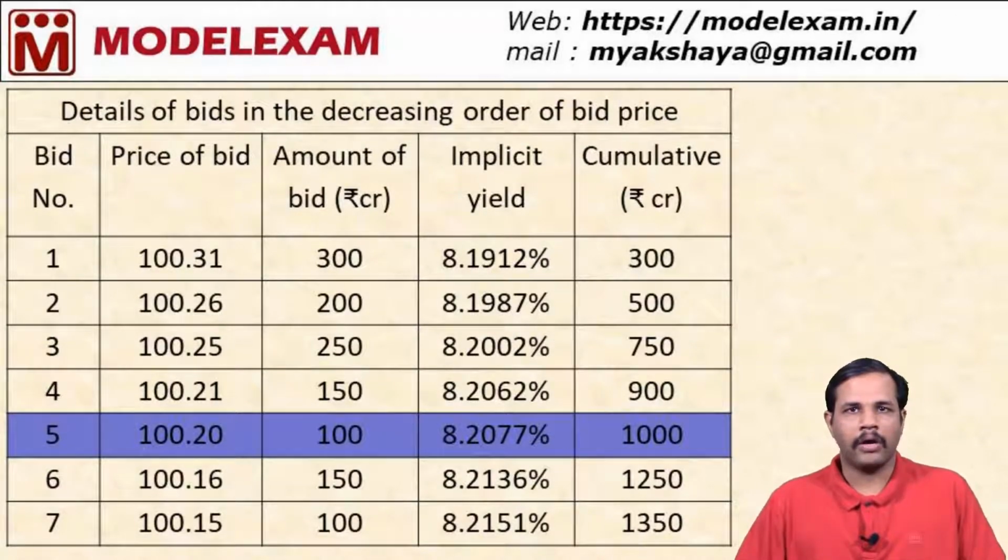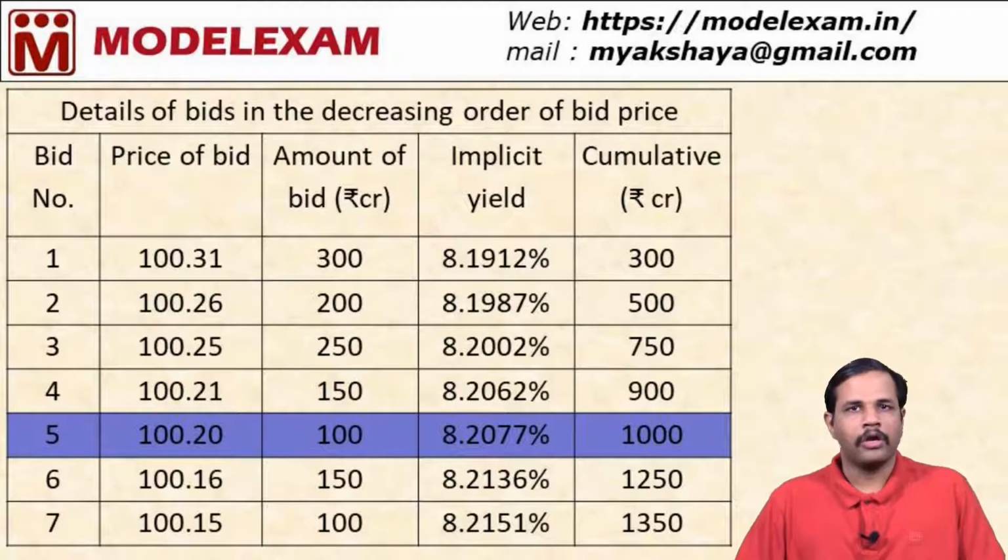See here, this is the working of the illustration, and here you could see that the bids are arranged in terms of price, in descending order of price. See the first bidder, he has bid for 300 crore and the price is 100.31, whereas the second bidder has the price 100.26 and the third one is 100.25. So the prices are arranged in descending order. Why is it arranged in descending order?